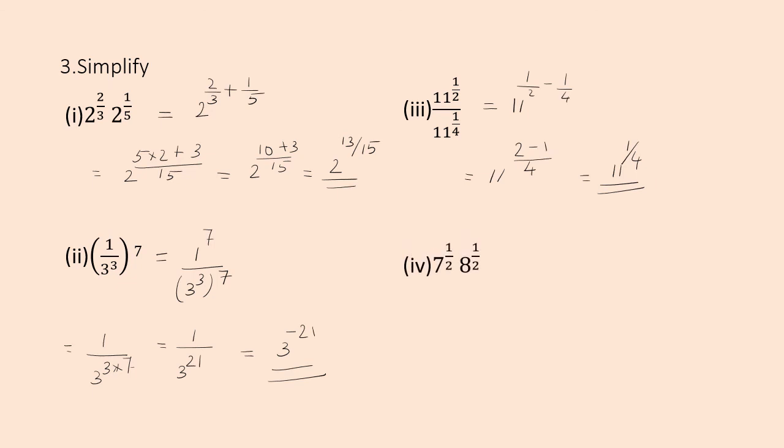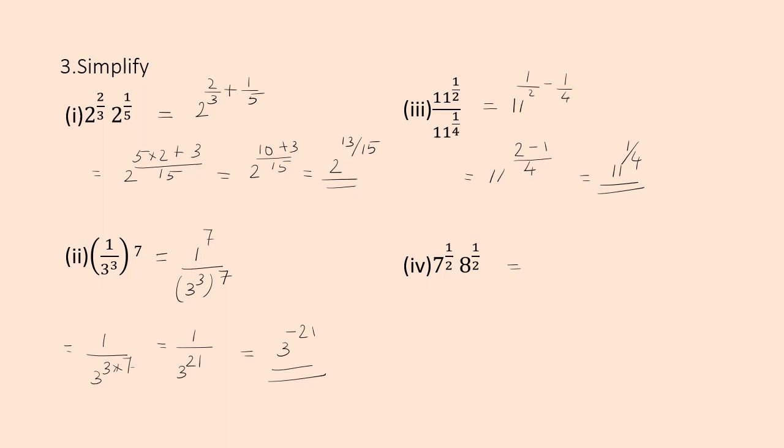Now question number 4, 7 raised to 1 upon 2 multiplied by 8 raised to 1 upon 2. Here the bases are different, powers are same. That is a raised to m multiplied by b raised to m, that is ab whole raised to m.